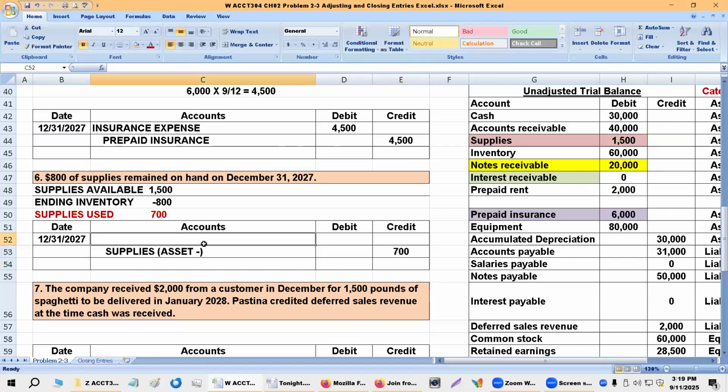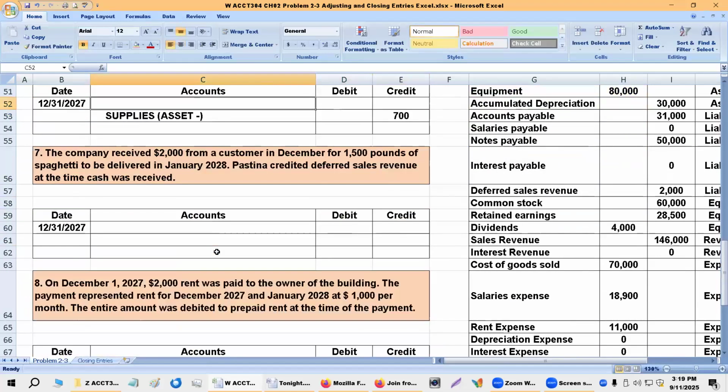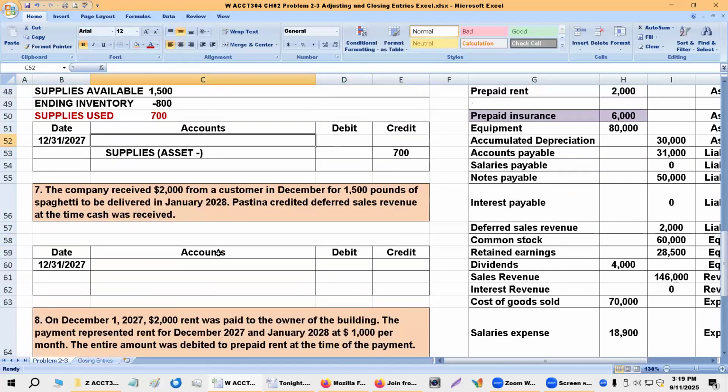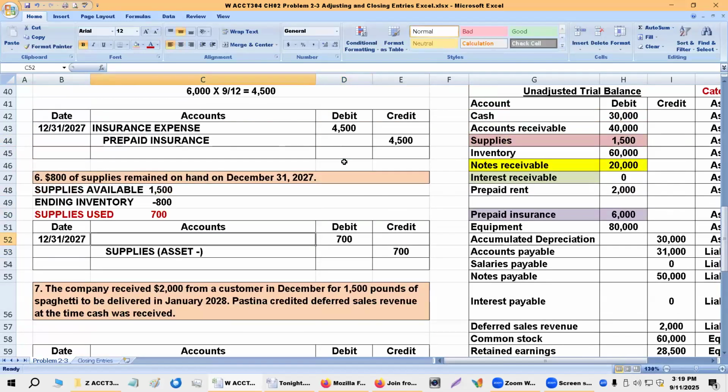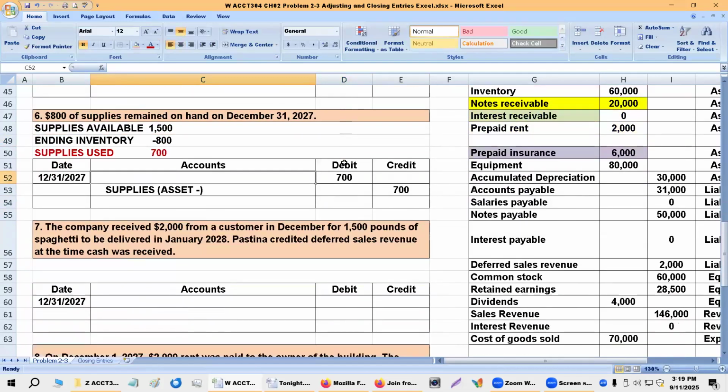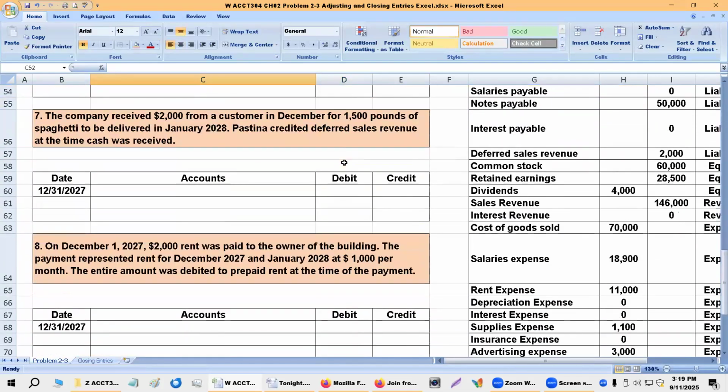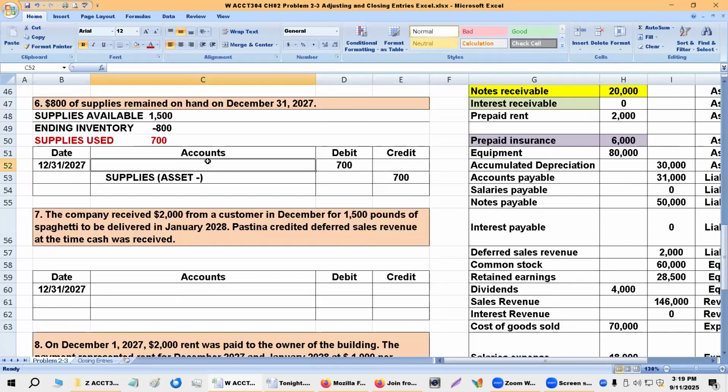All right, what do we need on the other side? We need either a revenue or an expense. Supplies expense. Yep. Good.